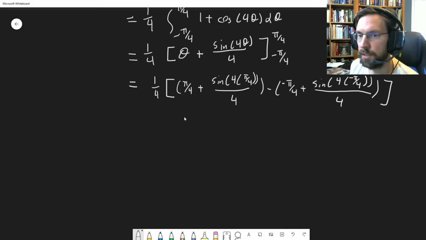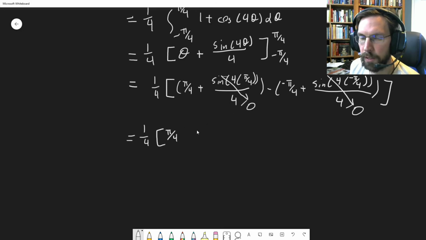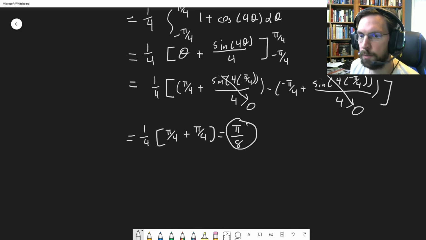We can simplify this a little bit. This is really just sine of pi. Sine of pi is 0, so that term goes away. And this is sine of negative pi, which is also 0. So what we end up with is 1/4 times pi over 4 minus negative pi over 4, which is plus pi over 4. So that's pi over 2 times 1/4, so we should get an area of pi over 8.